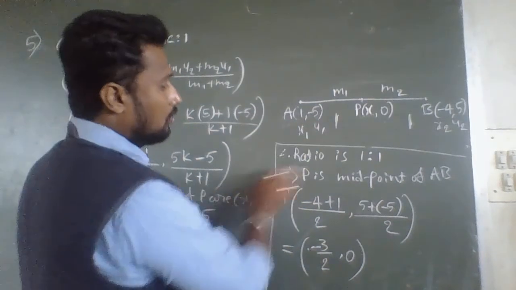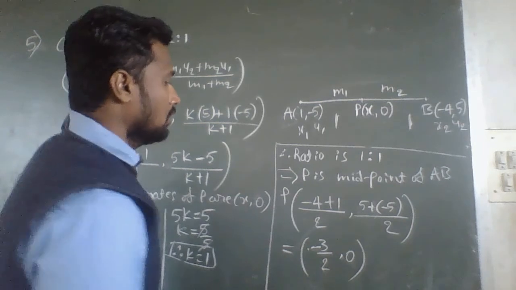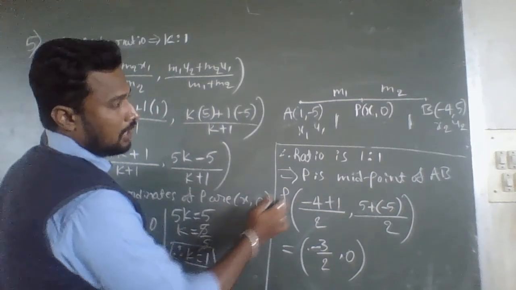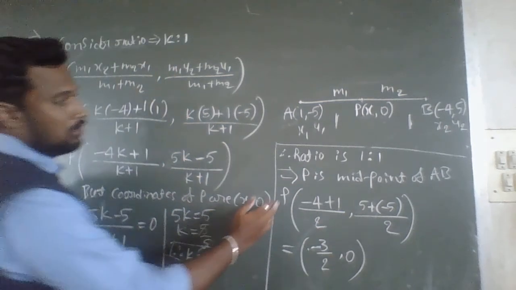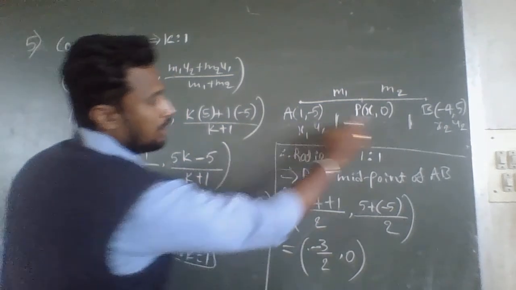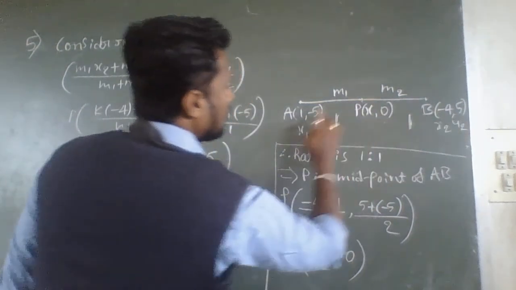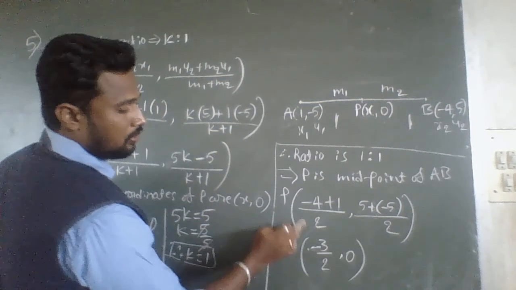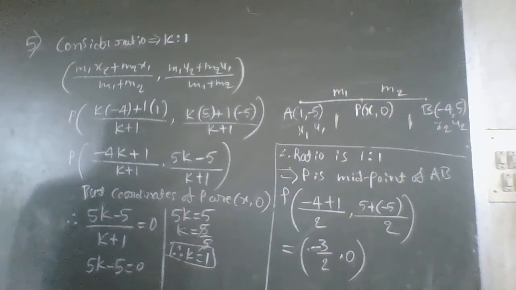Therefore, this P is the midpoint of AB. So to calculate the coordinates of point P by the midpoint formula, we do minus 4 plus 1 divided by 2 and 5 minus 5 divided by 2. So the coordinates of point P are minus 3 by 2 and 0.